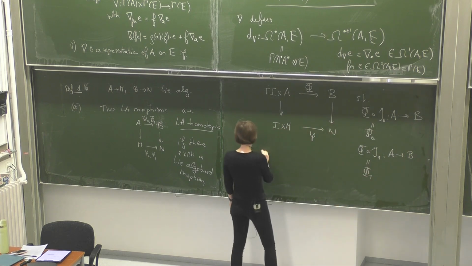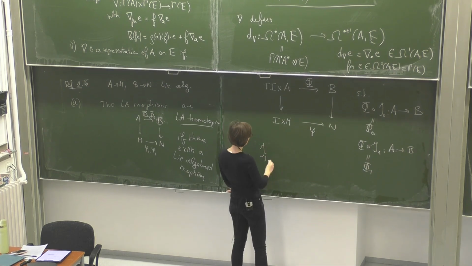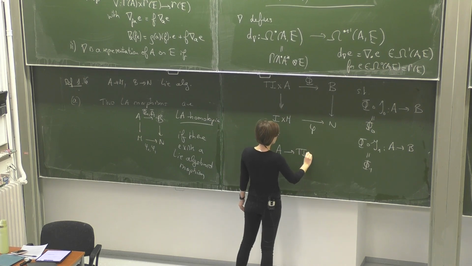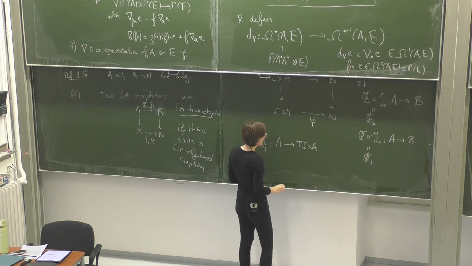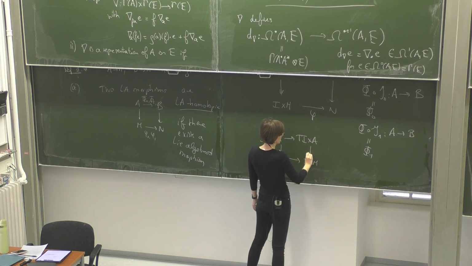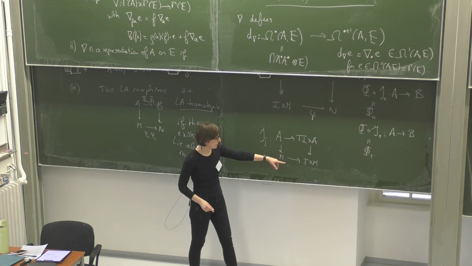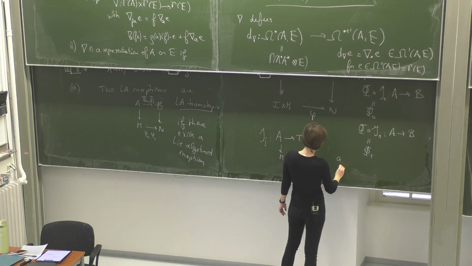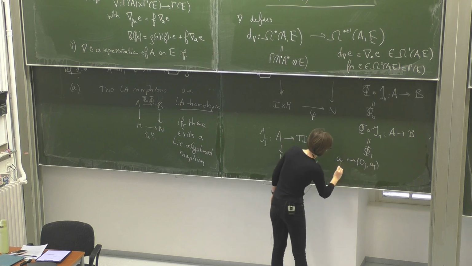Right, and Ij is the map from A to TI times A, over M to I times N, that just copies what you would do on the base, right? So you send A at a point P, let's say, to the 0 at J, AP.